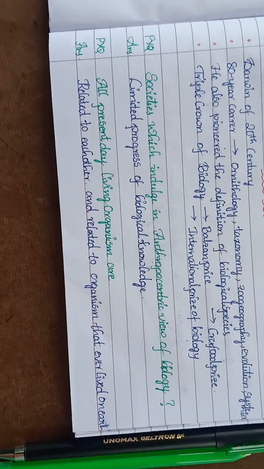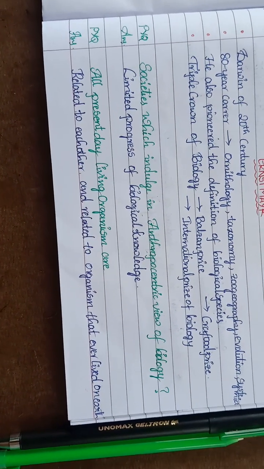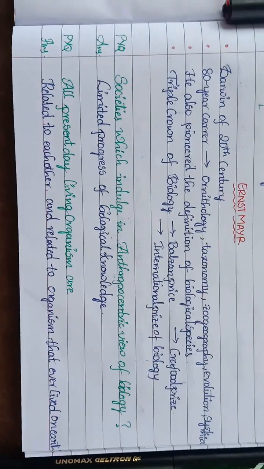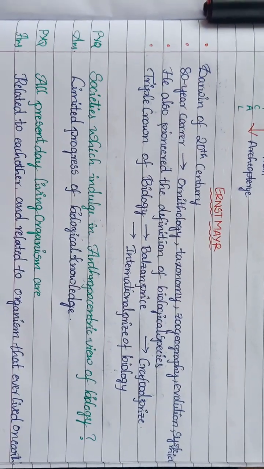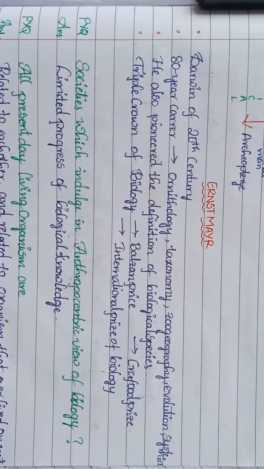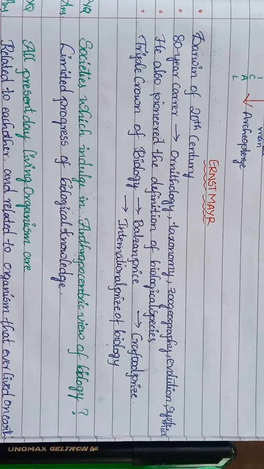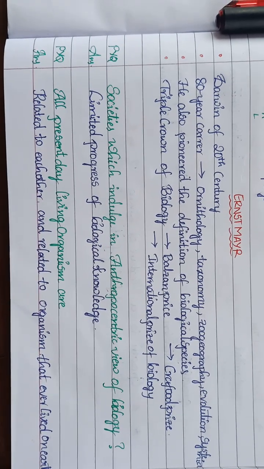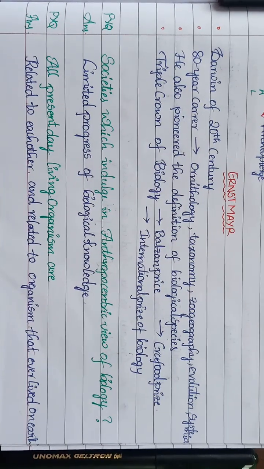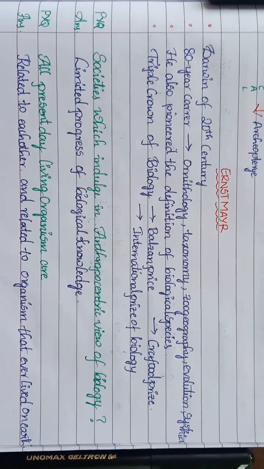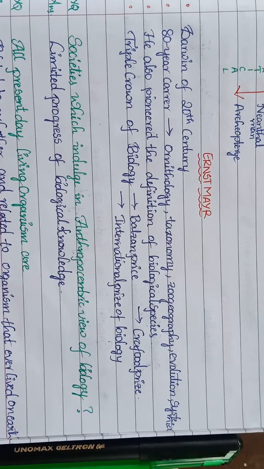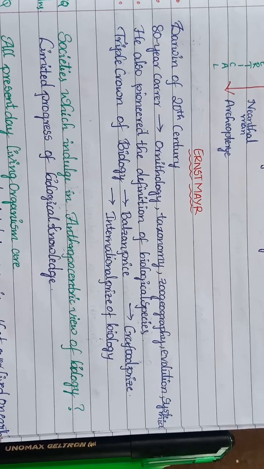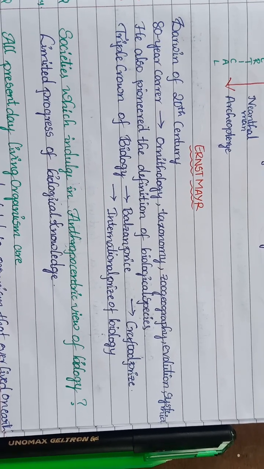There are two PYQs which are very important from an aspirant's point of view. Let us take a view of this. Societies which indulge in an anthropocentric view of biology. What does anthropocentric mean? The central thing which governs or controls the other things with limited progress.